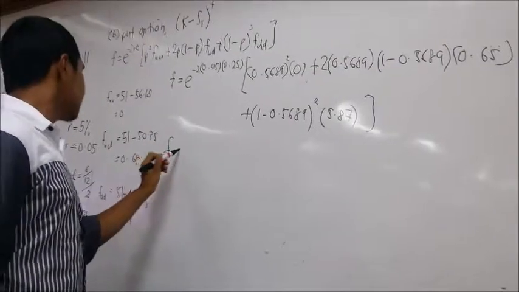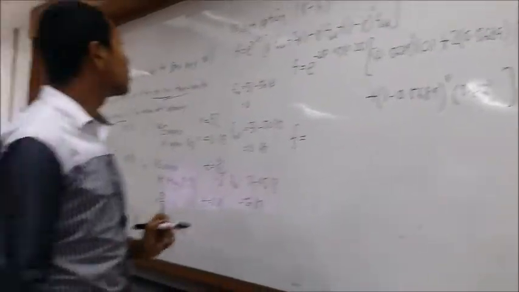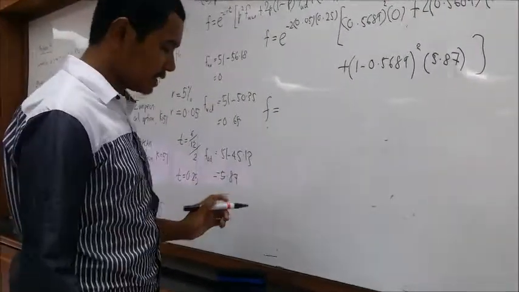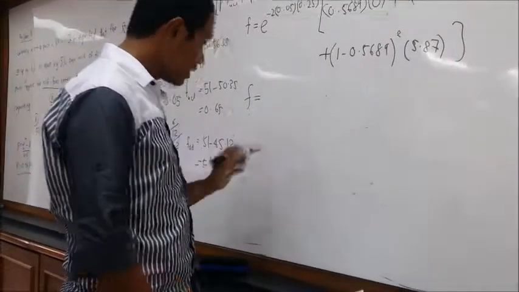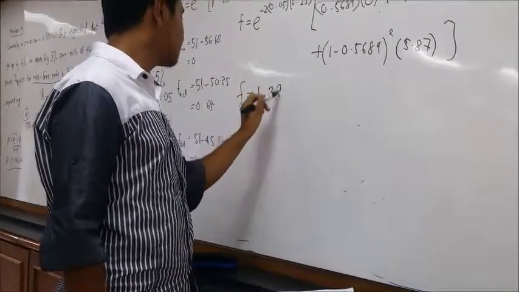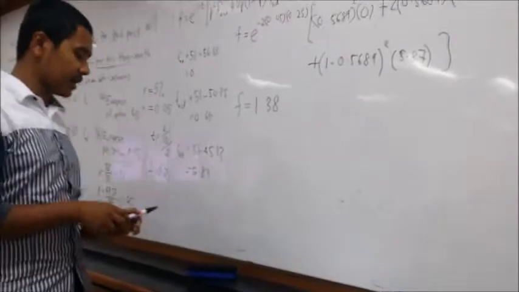So this is the put option price in the direct way, which is 1.38. So this is the direct way.